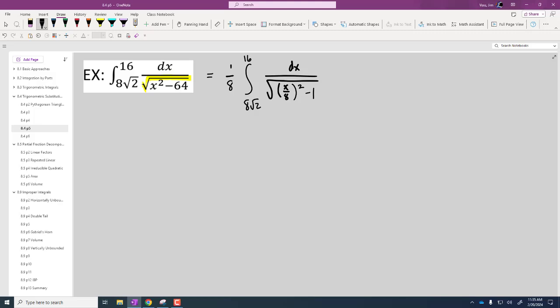Everybody see that? When you're looking here and there's no 64, you're imagining 64 over 64 so that you can factor that 64 out, and then you're left with x squared over 64, which is x divided by 8, quantity squared.